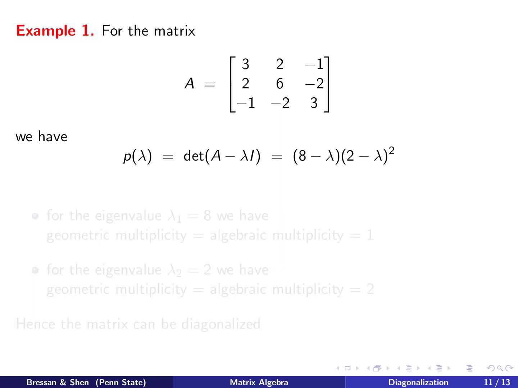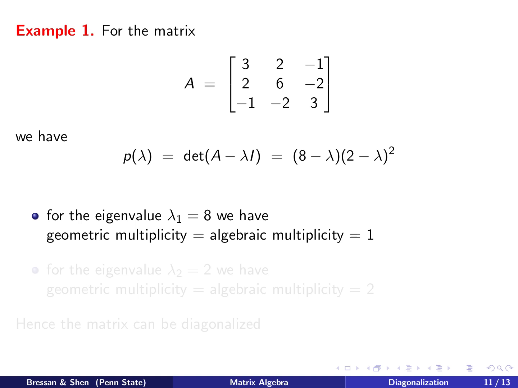Okay, so let's take an example. Let's consider matrix A like this, and then we carry out the calculation of the characteristic polynomial, finding the determinant of A minus lambda I, and then we find that we have this polynomial in a factorized form.